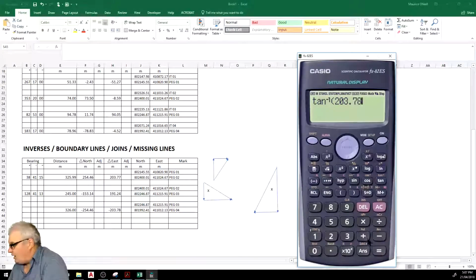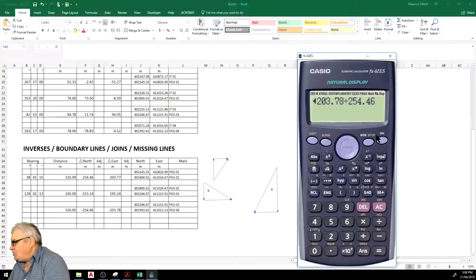Doing it this way, you don't have to worry about the signs because you just want the absolute distances. Then 254.46, and that should be divide, not plus. Divide. Yep.